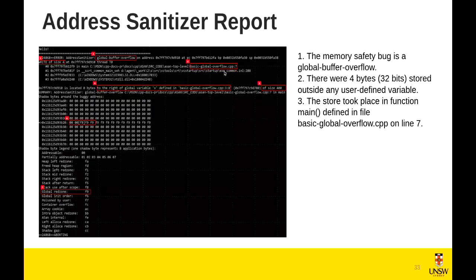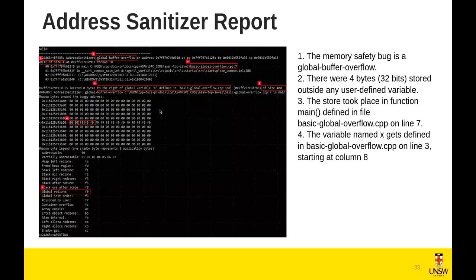This means that the bug happens in this file, in the main function, at line 7. And the last one is that the out of bound write is related to the global variable x, and this x is located in this file, line 3 at column 8. So it actually helps us get a lot of information about the bug. You can get more details from some online materials created by Google and Microsoft.